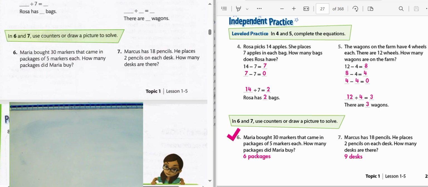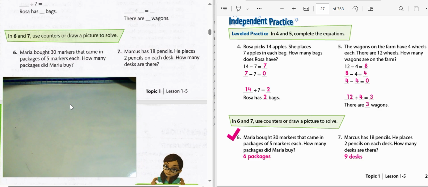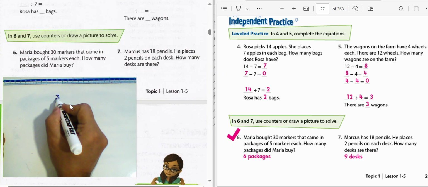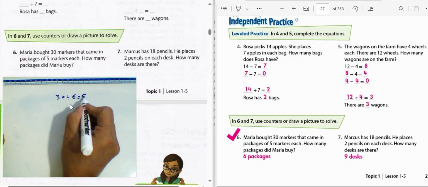Maria bought 30 markers that came in packages of 5 markers each. How many packages did Maria buy? She bought 30 divided by 5 equals 6. You can use this method or subtraction.